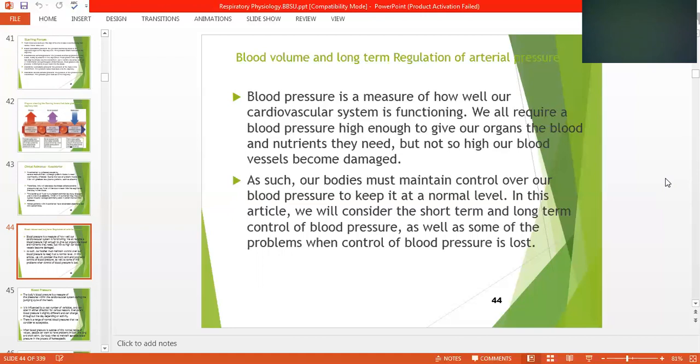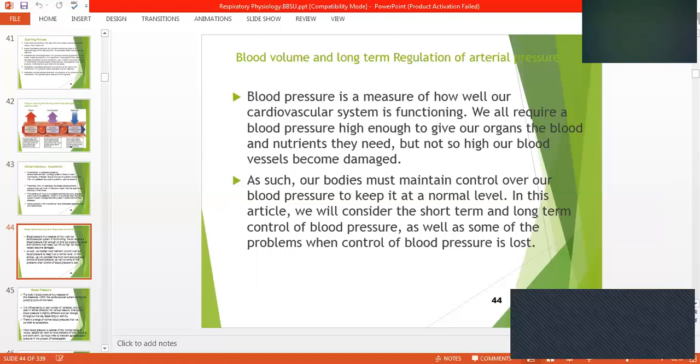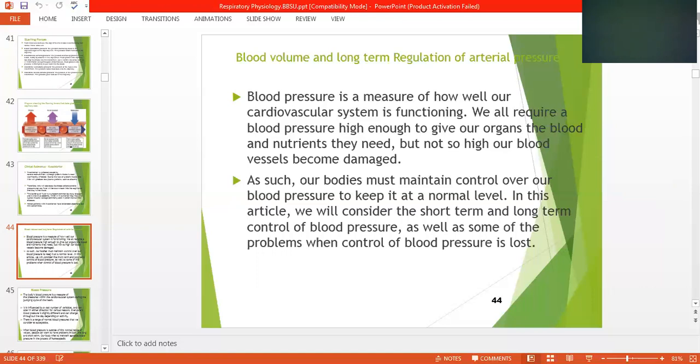As such, our bodies must maintain control over our blood pressure to keep it at a normal level. Here, we will consider the short-term and long-term control of blood pressure, as well as some of the problems when control of the blood pressure is lost.